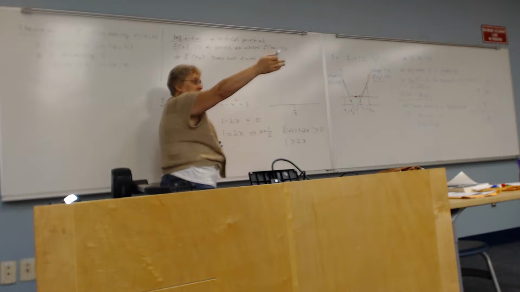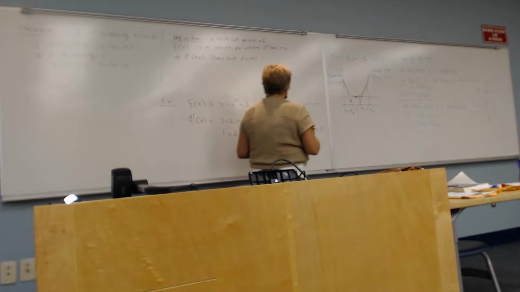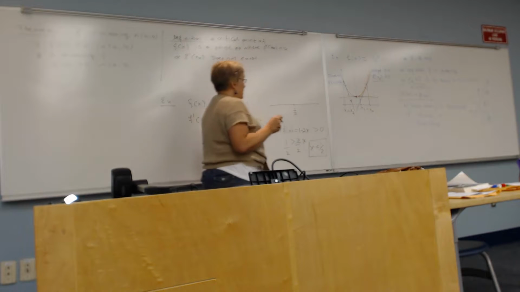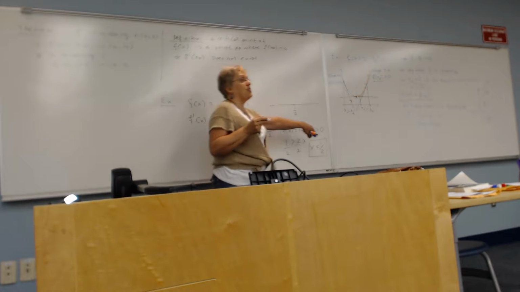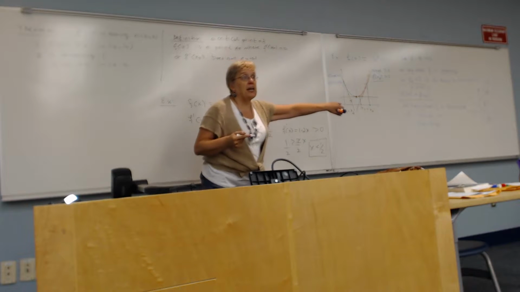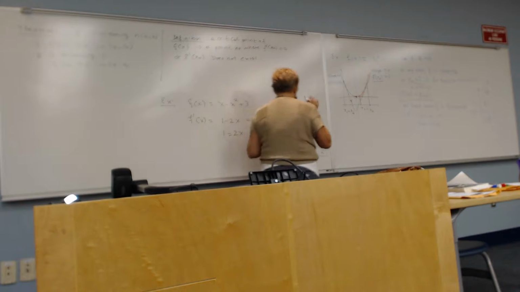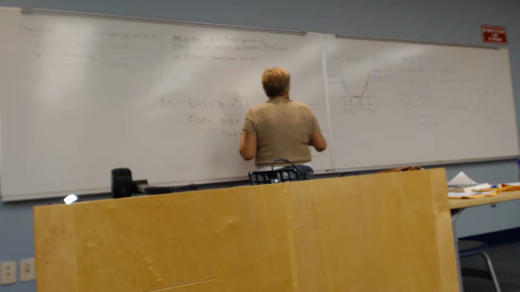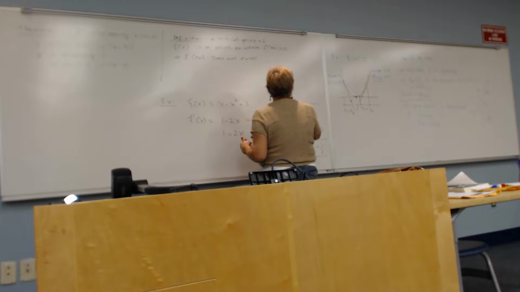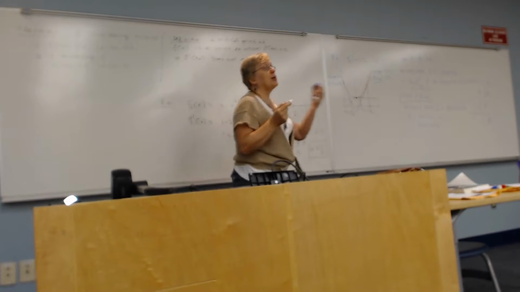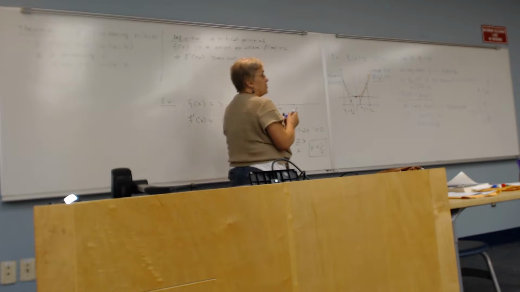I'm bringing 2x on the other side, and we divide by 2, so that will give us x less than 1/2. So that tells us that the derivative is positive if x is less than 1/2. That's a bad inequality; there will be many pretty inequalities to come. So when x is less than 1/2, the derivative is positive, so that's a plus.